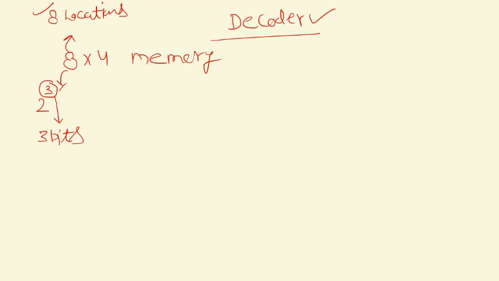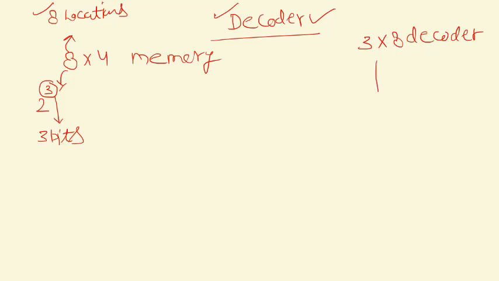To address these 8 memory locations, we require 3 bits, and based on the combination of the 3 bits, we can select a particular memory location. This task is performed by the decoder. So here the decoder will be a 3 cross 8 decoder.